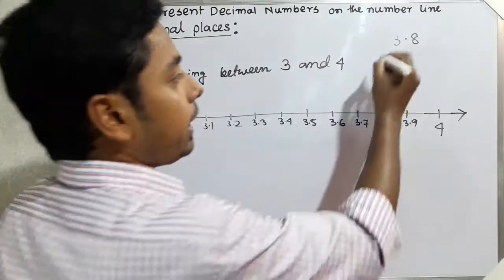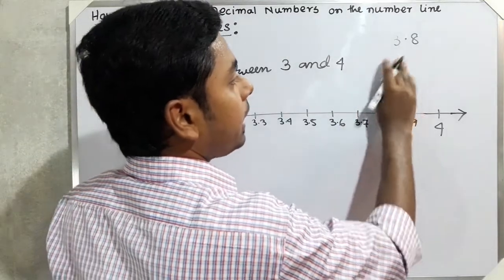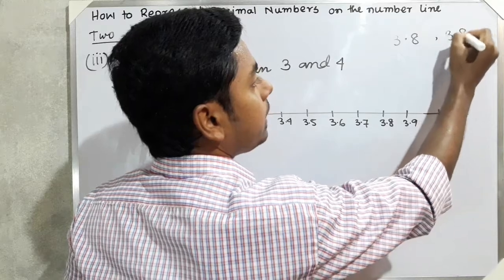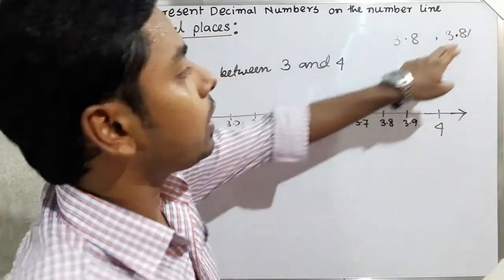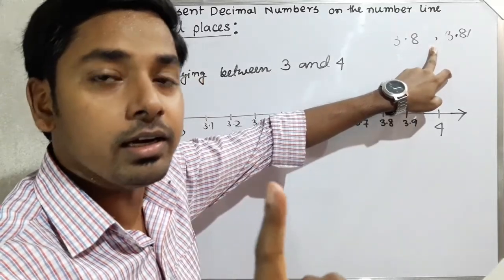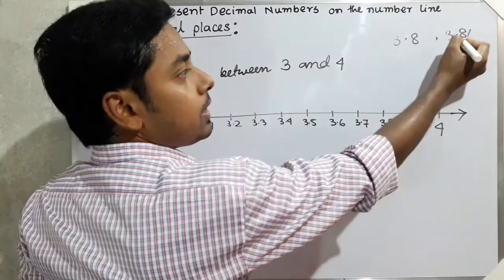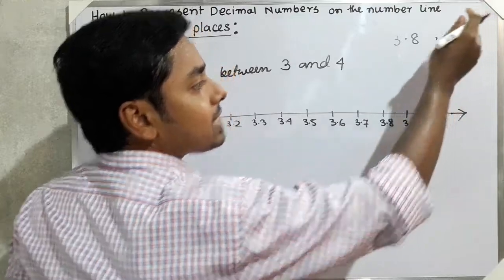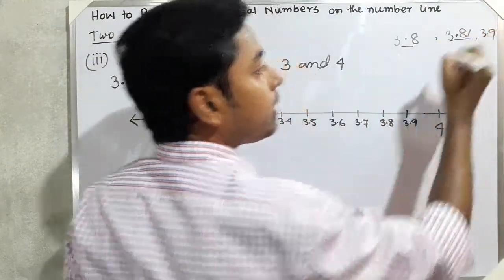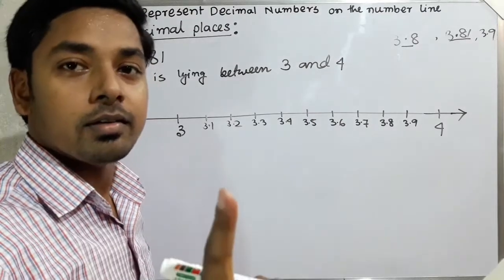3.81 will come after 3.8. Clear? So that means 3.81 is lying between 3.8 and 3.9. Clear?